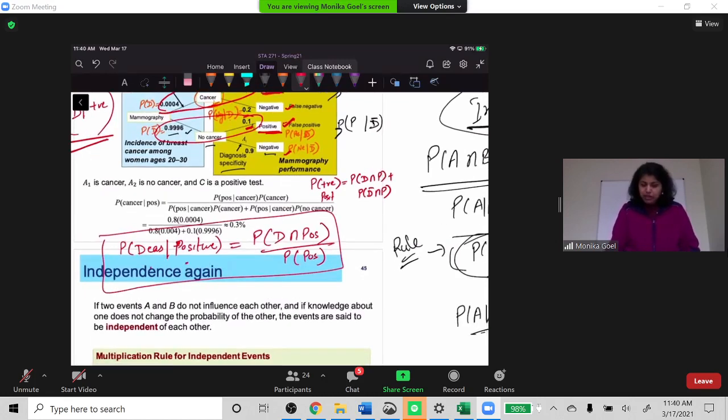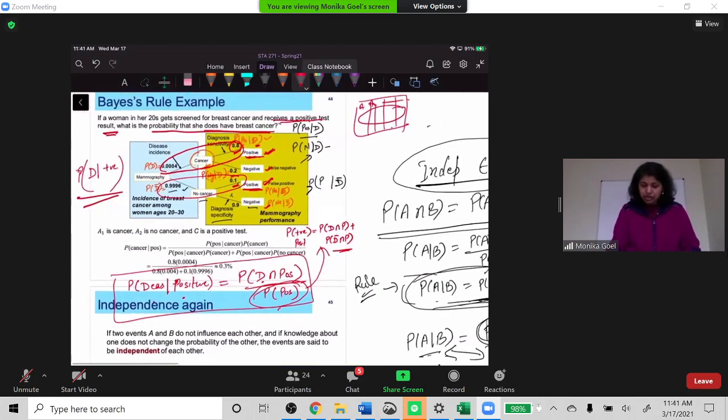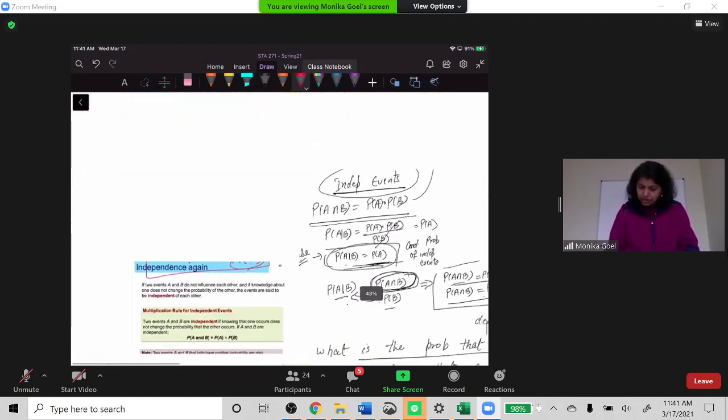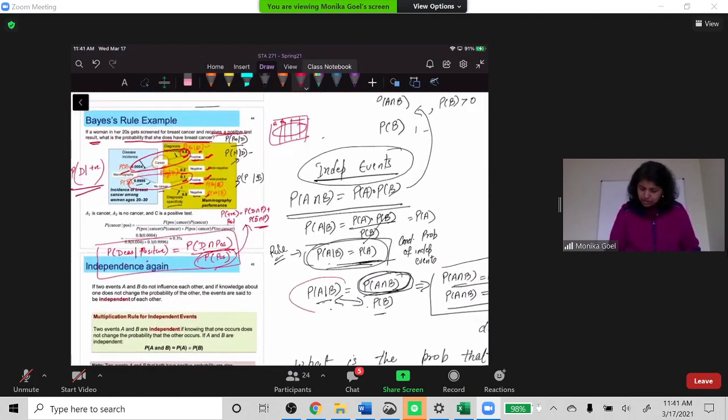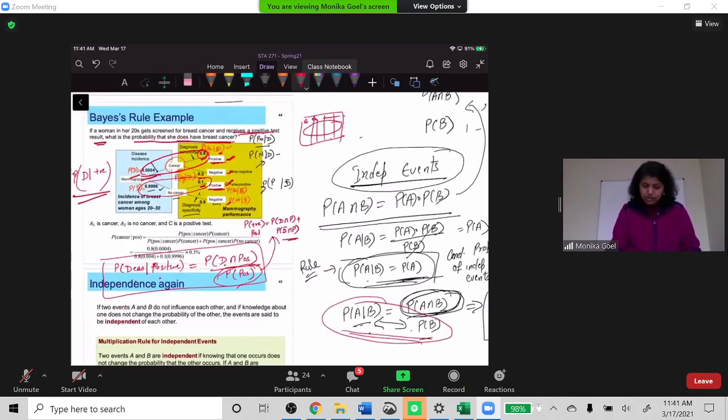A given B is A intersection B divided by the probability of B. And now, the probability of the test coming positive is this. And we know how to calculate the intersection. We are using the formula for the intersection, which is the multiplication of these two. And the multiplication of these two is this times this.